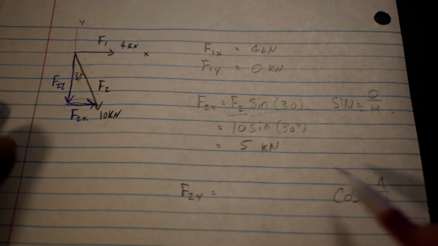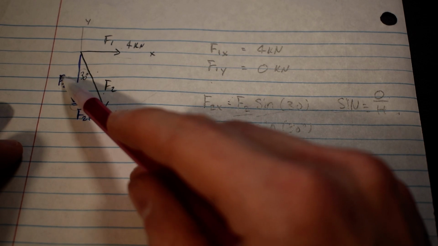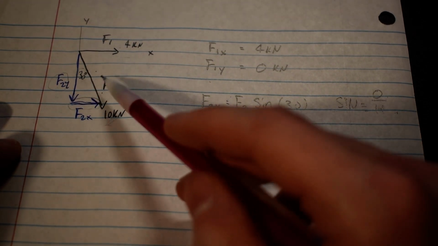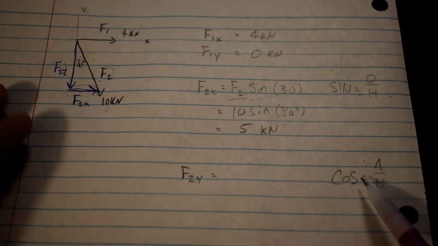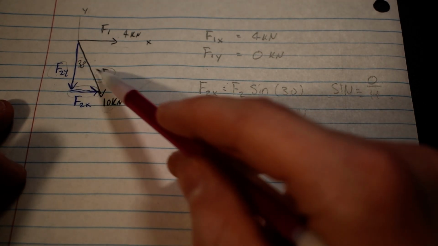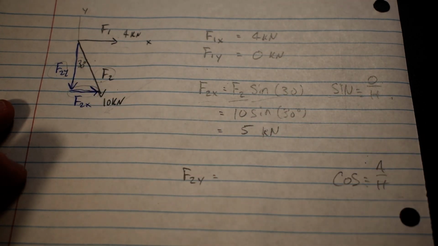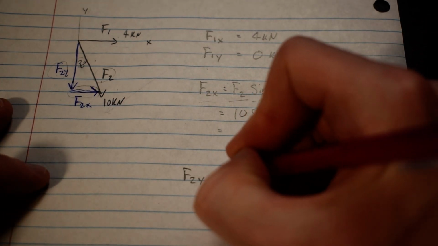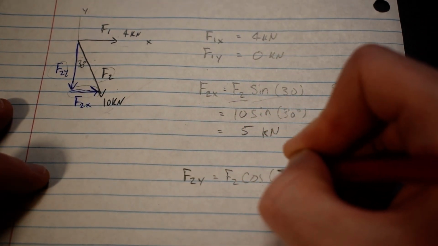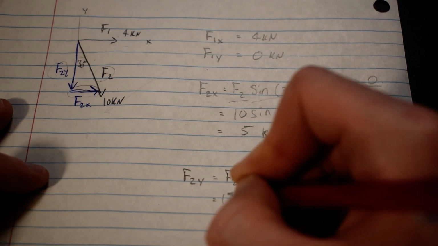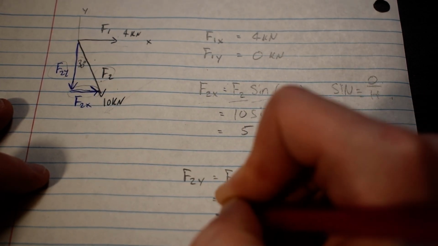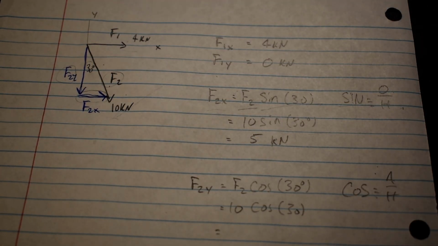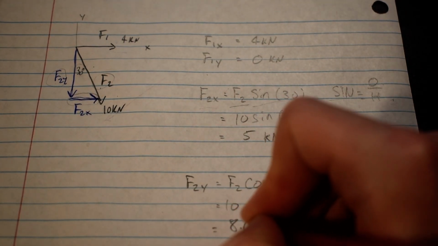The adjacent in relation to this angle is this component, and the hypotenuse is always F2, so to find the adjacent we multiply the cosine of this angle by the hypotenuse. So F2y is F2 times the cosine of 30 degrees, which is 10 cosine 30, which is 8.66 kilonewtons.